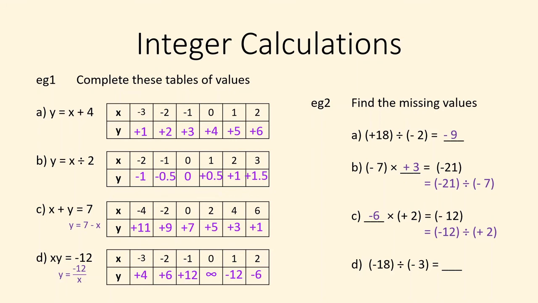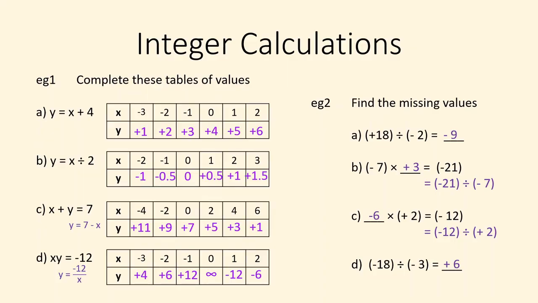Double check that answer. Negative 6 times positive 2. Opposite signs give us a negative answer, and 6 times 2 is 12, so negative 12. Perfect. Question D, again pretty straightforward. Negative divided by negative gives us a positive answer, and absolute value is 18 divided by 3 is 6, so positive 6. Hopefully that's fairly straightforward.